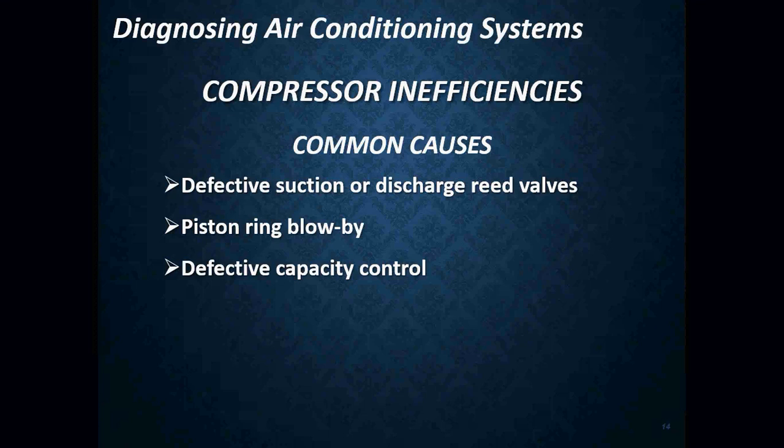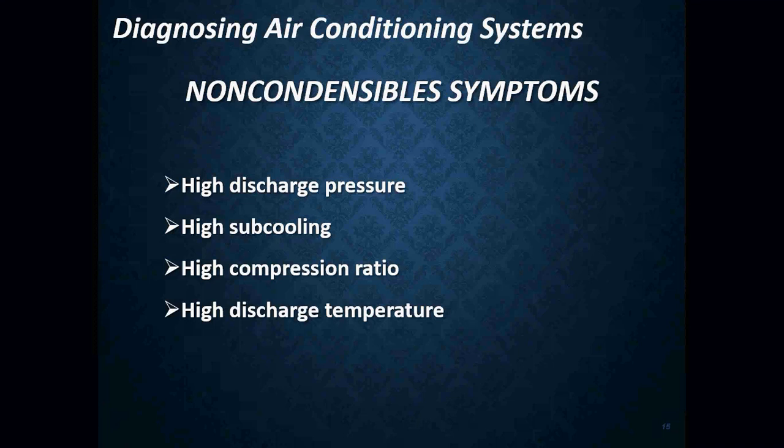Leaky valves or worn piston rings are two of the most major problems that actually lead to compressor inefficiency. A symptom of an inefficient compressor is high suction pressure and low discharge pressures. Okay, the conditioned space temperature is actually going to start to rise due to the refrigerant flow decrease. So we have to think about that, something that we got to keep in the back of our minds.